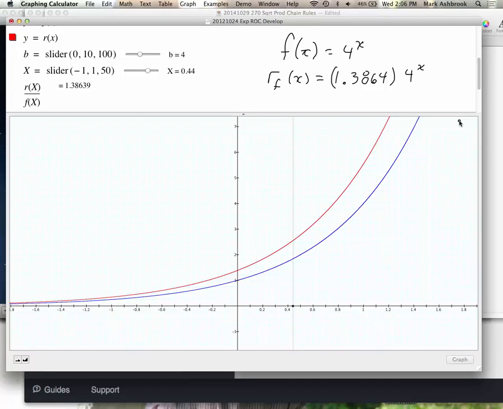No matter what x I pick, the y value for the rate function is always 1.3864 something, something, something times as great as the output of the original function. So what about 1.6 to the x? I'll change this. So let's do 1.6 to the x.